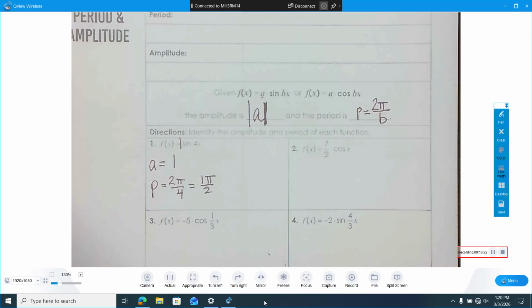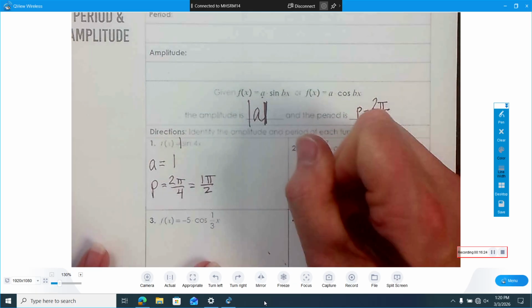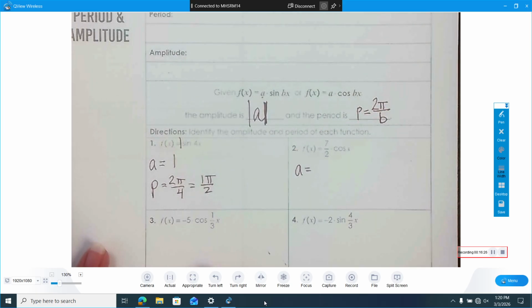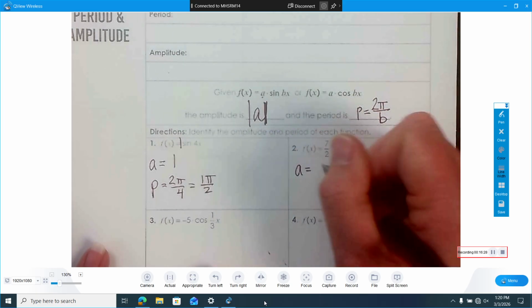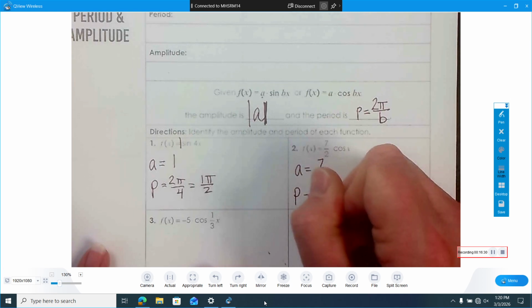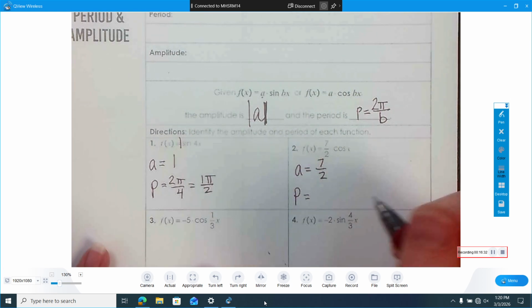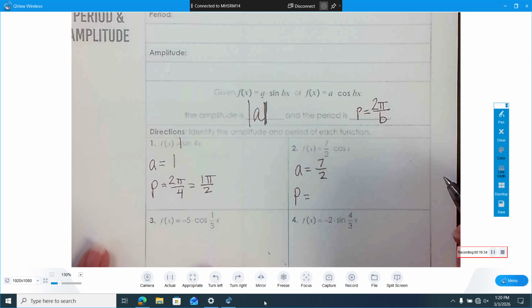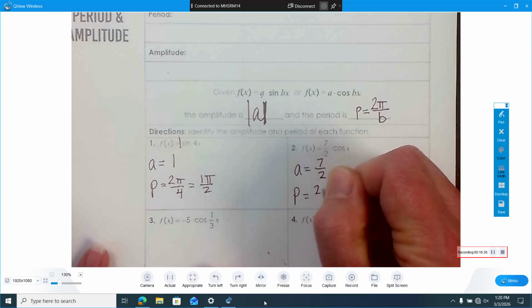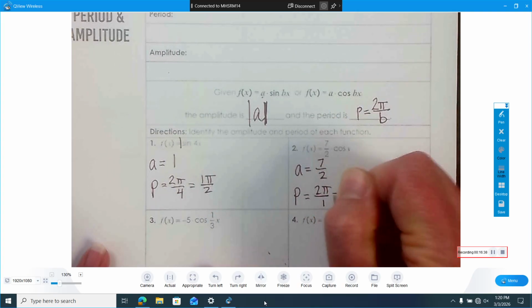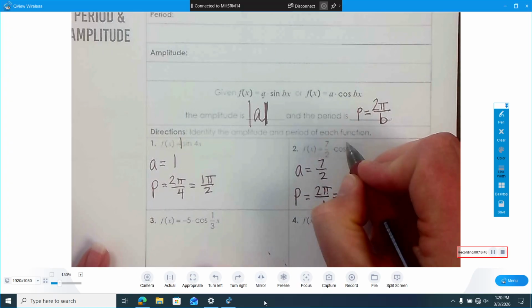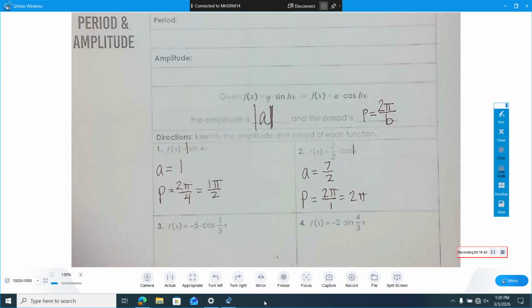Yep, that reduces. Okay. All right, what is our amplitude on number 2? And what is our period? Period is 2 pi over 1, which is just 2 pi. The b is 1 in this case, so 2 pi over 1.